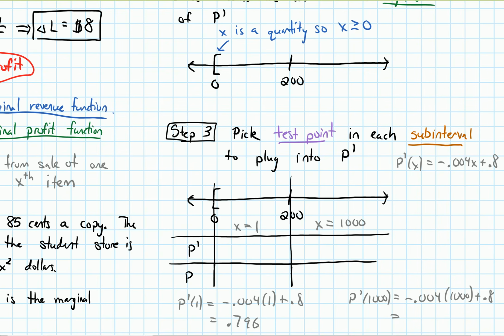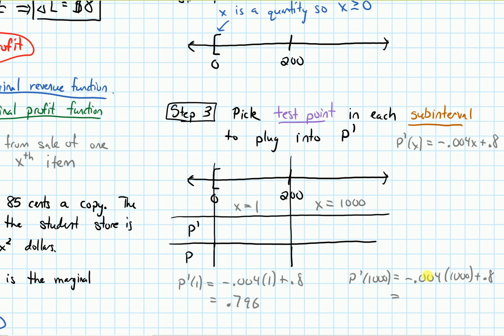If I multiply a number by 1,000, it moves the decimal point over 3 spaces to the right. So that'll give me negative 4, and then plus 0.8. Adding those, we get negative 3.2. So when we plug in 1 into the derivative, we get a positive number. When we plugged in 1,000 into the derivative, we got a negative number.